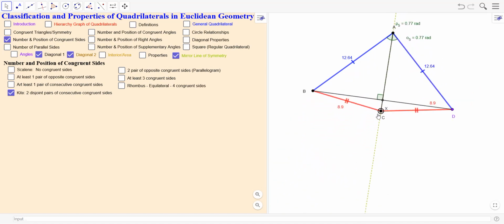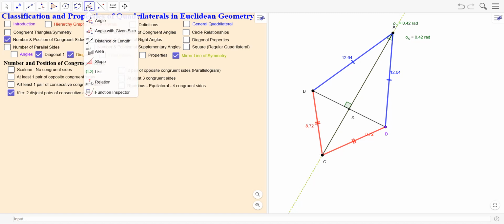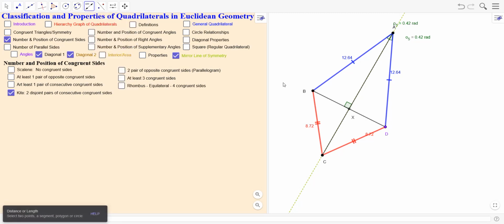And do you notice even anything else? Look what happens if we do this. Let's measure some things here. Let's measure the distance from B to X and from D to X. Look at that, they're the same length. Pretty clear that the distance from A to X is not the same as from C to X.